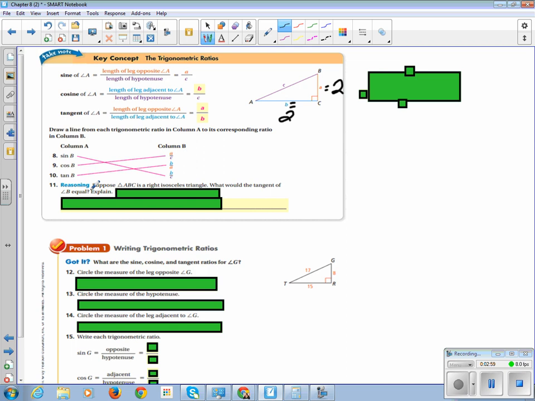So both A and B are 2. If I'm finding the tangent of angle B, it would be 2 over 2, which is equal to the whole number 1. So the tangent of an isosceles triangle would be equal to 1.